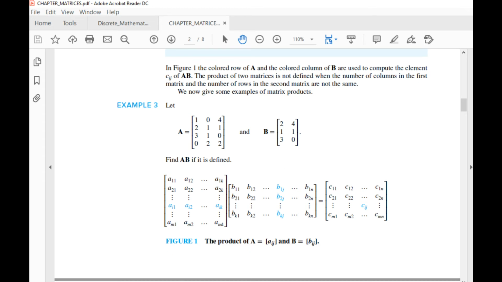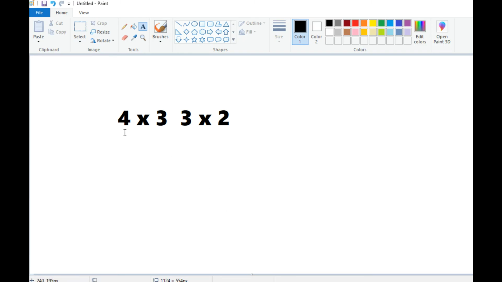Again, we're dealing with a 4 by 3 matrix and a 3 by 2 matrix. For you to figure out if they're defined, all you need to do is compare. You see this part here? They have to be equal. The last number of the first matrix size and the first number of the second matrix size should be equivalent.